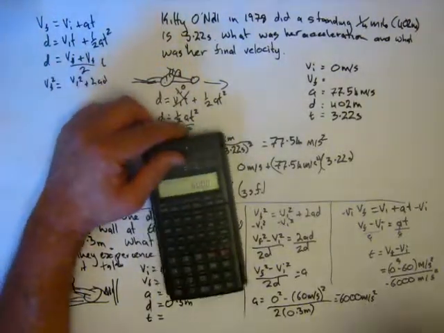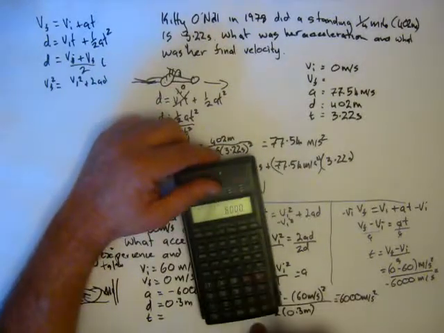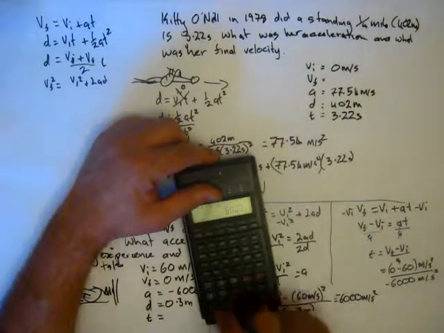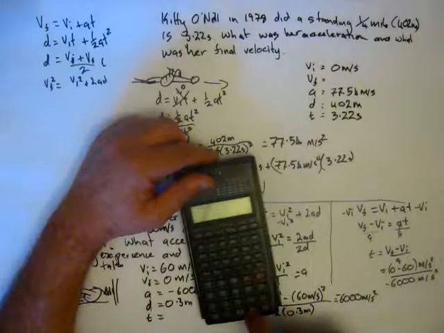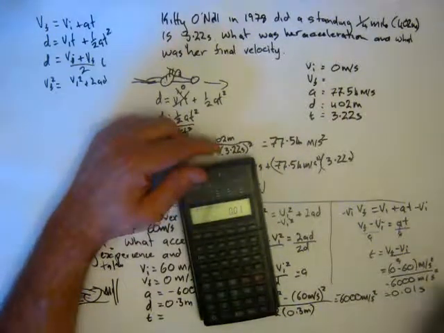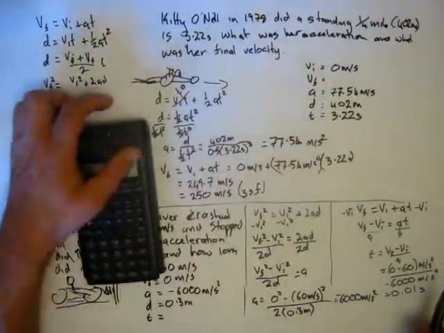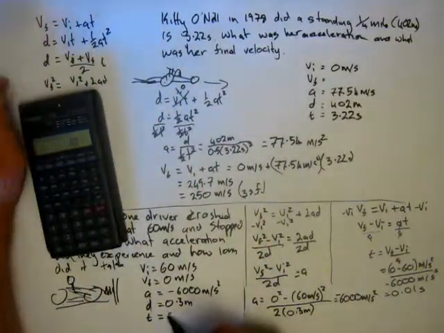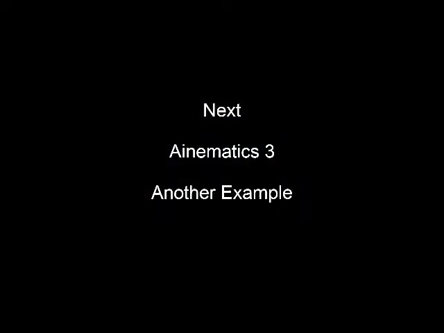So it's going to be about 10 milliseconds. 60 divided by 6,000 equals 0.01 seconds, so 10 milliseconds. So this was a very short but very violent crash.